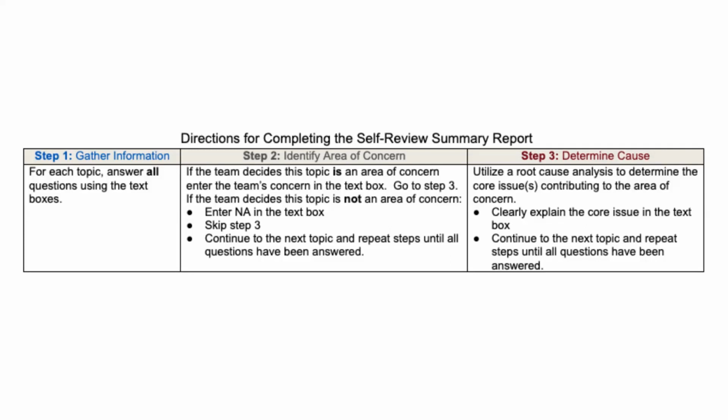Not all areas on the SRSR may be considered an area of concern by your team, but at least one or two areas would probably stick out to you. For those areas of concern, you will determine a root cause that will then help drive your improvement plan.